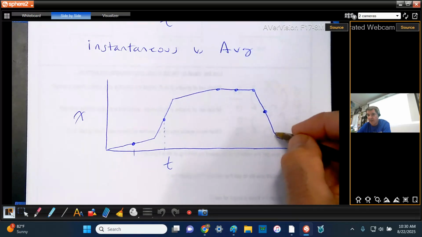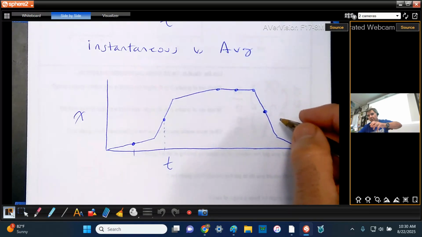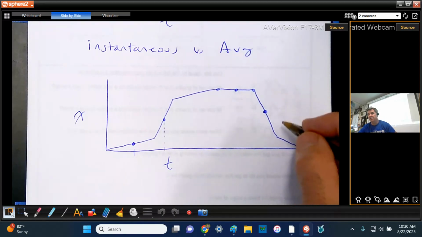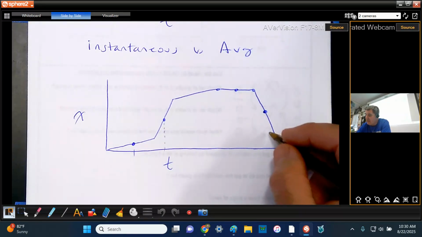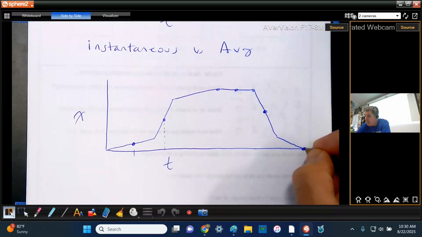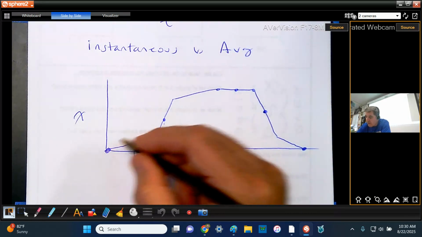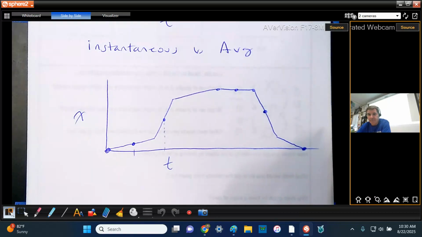So my instantaneous speed on my speedometer would show a faster speed. But remember, speedometer doesn't show negatives. If it's your velocity, it's going to show a negative because this is a negative slope. And then finally, when I get home, I'm sitting in my garage.